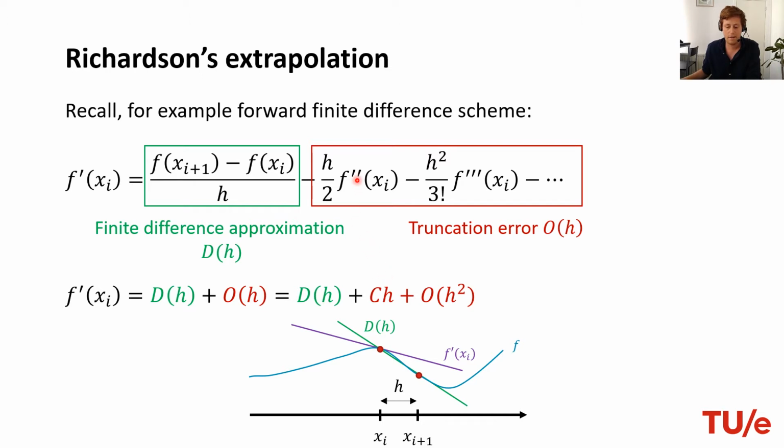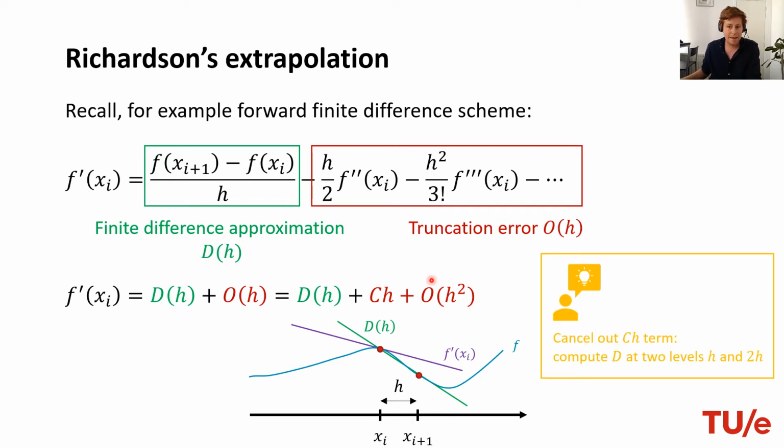So this second derivative of f at x_i, that's a number, a constant, divided by 2. So this is a constant times h plus something of order h squared. And this h squared comes from here. So now we have expanded this order h a bit more explicitly into a constant times h plus something smaller of order h squared.